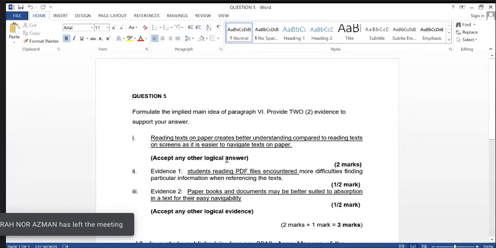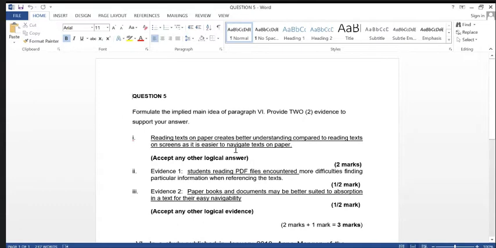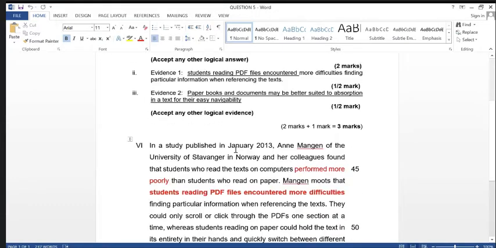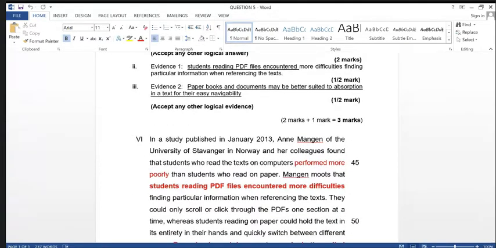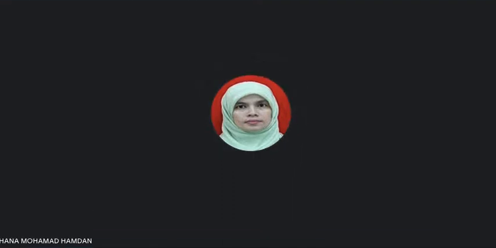So you can see the relationship of evidence to the main idea. Again, as I said, I'm not going to deal with this again. That is question number 5. Question number 6 is going to get faster now because it's more of what we have learned.